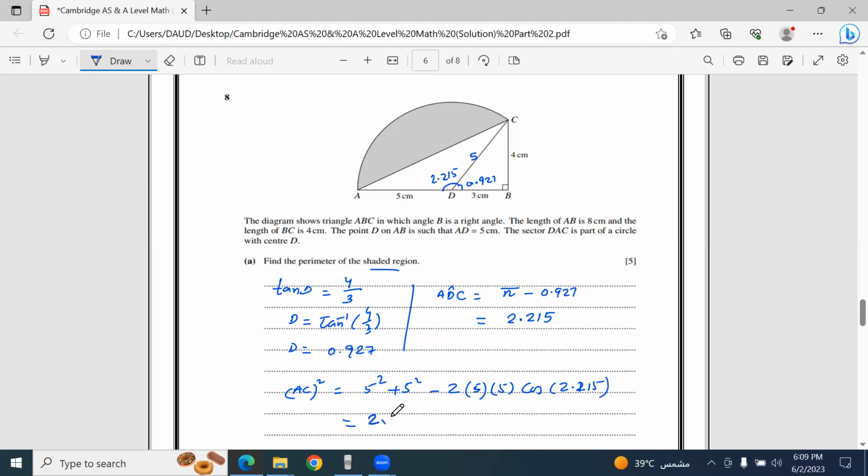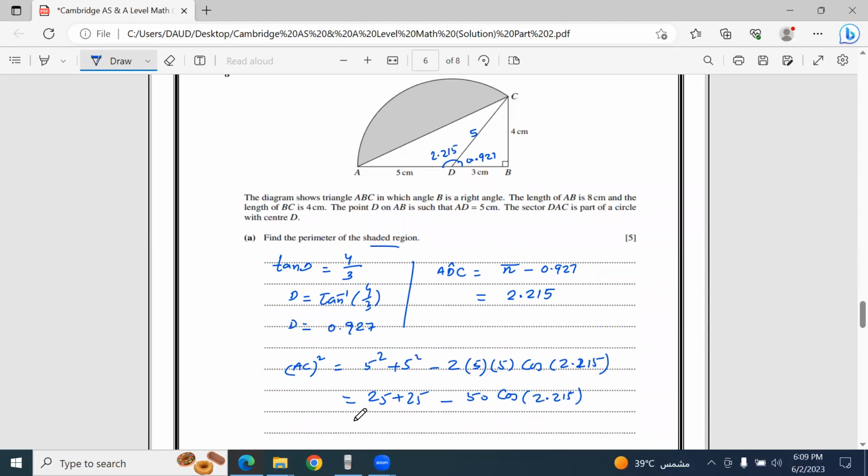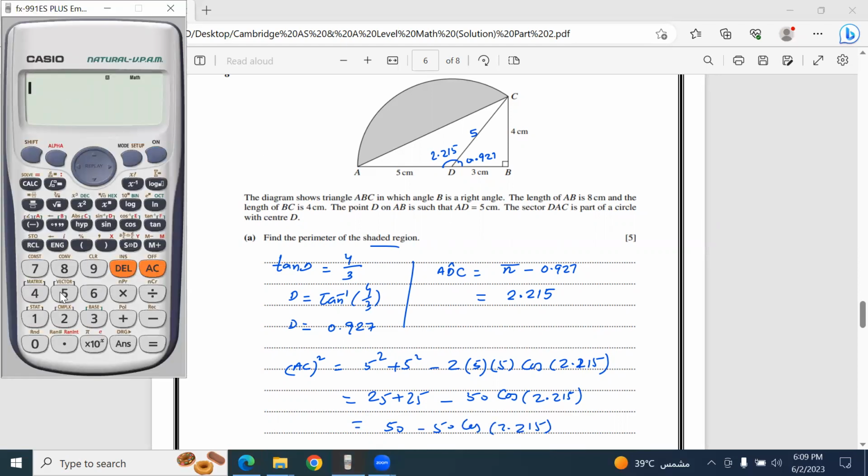That gives me 25 plus 25 minus 50 cos 2.215, so 50 minus 50 cos 2.215.